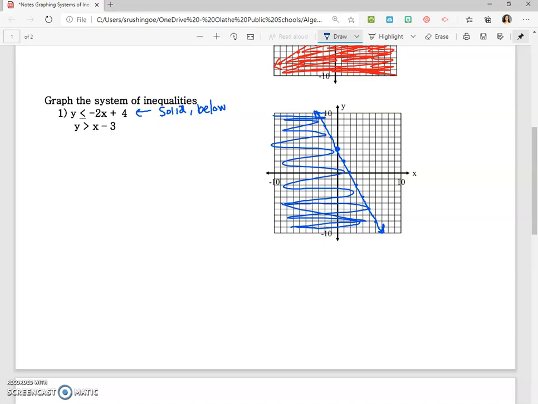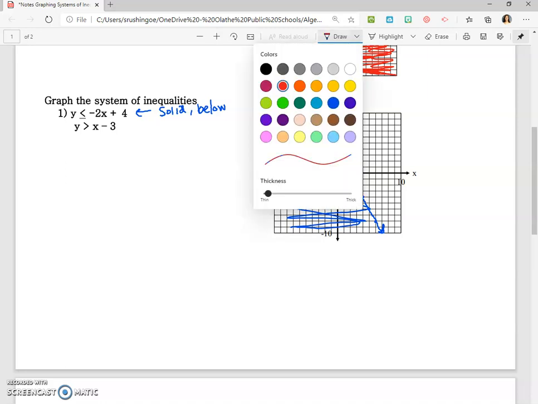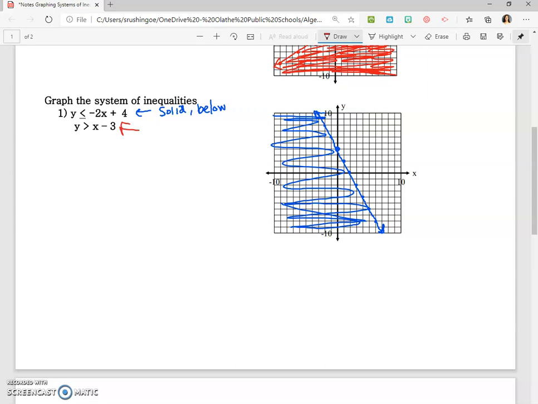Now we're going to take a look at, and I'm going to do a different color so you can kind of compare, and that might be good for you to do a different color too. So this is going to be a dash, and then we're going to be shading above, y is greater. Again, you can use test point if that's easier for you. So now I need to be able to see -3, so that's why shading too dark, we can't tell where -3 is.